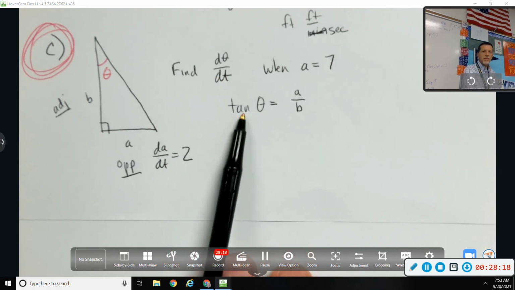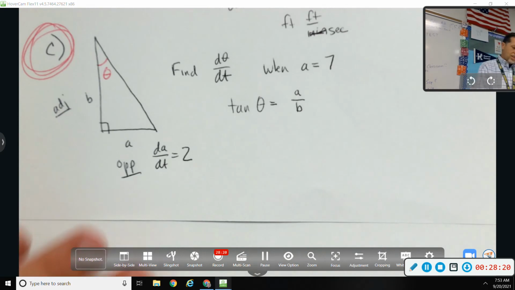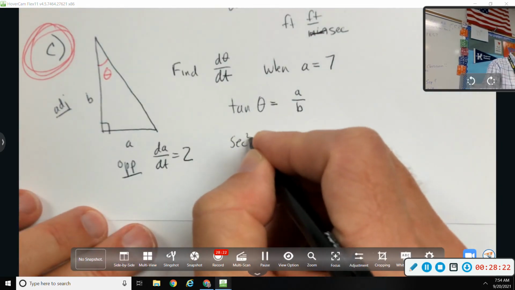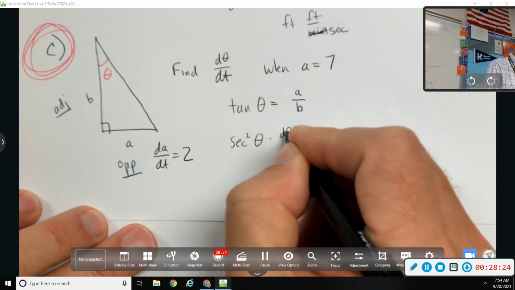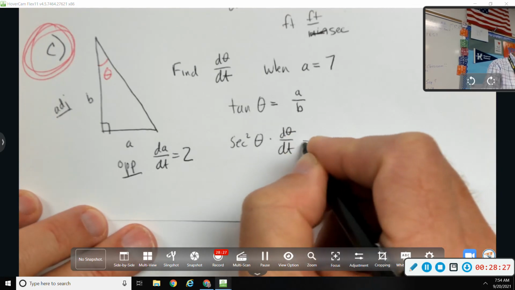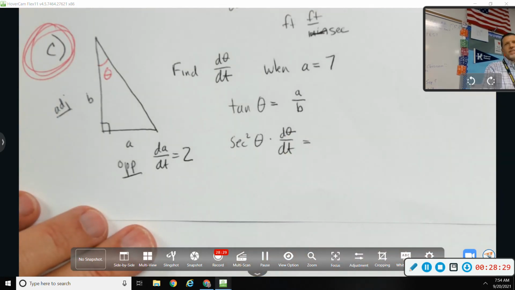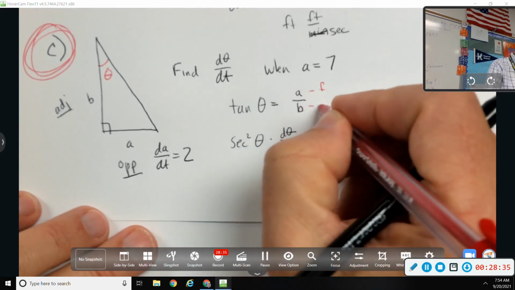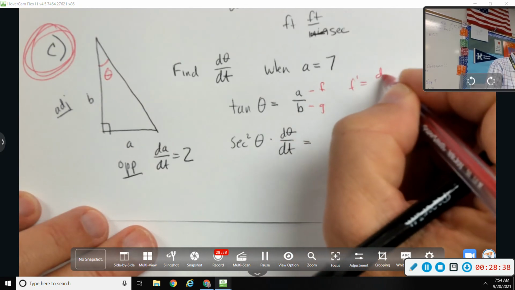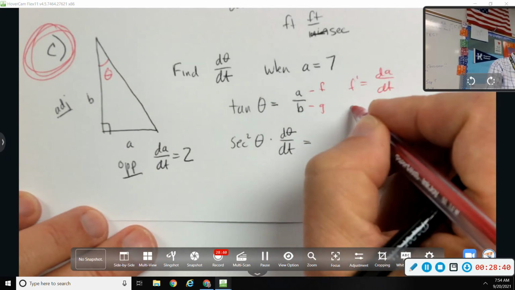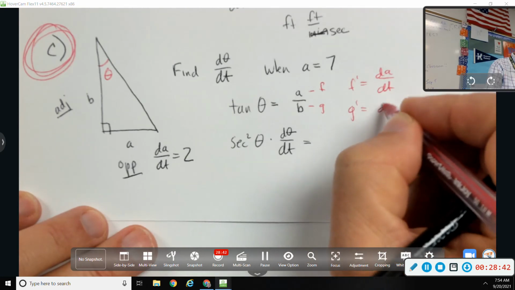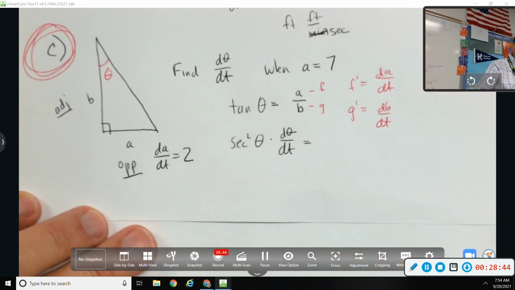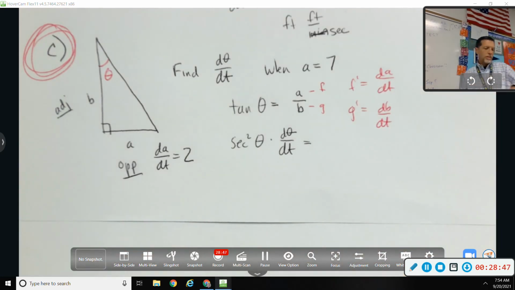Because the derivative of tangent is secant squared, chain rule, times d theta dt equals what's required on the other side? The quotient rule. I guess it's not awful because the derivatives are easy. Putting together the quotient rule isn't particularly fun, but the individual derivatives weren't hard, at least.